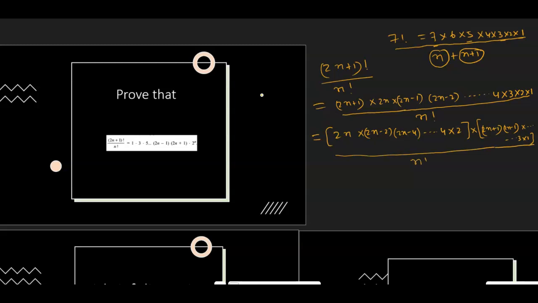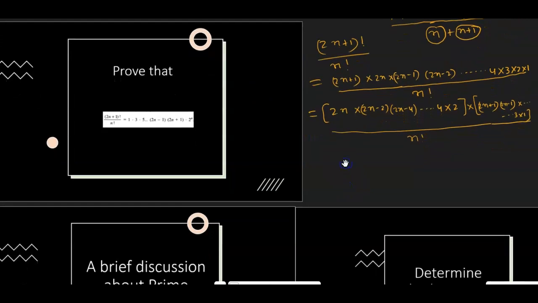Then you take 2 as common from every even term. So taking 2 common from each, this 2 comes n times.